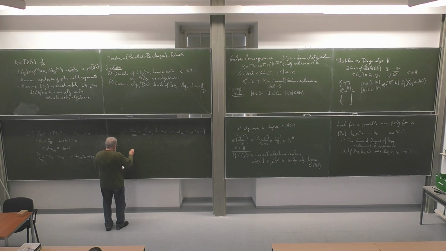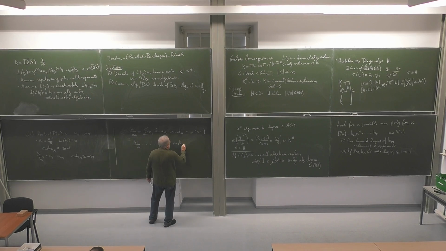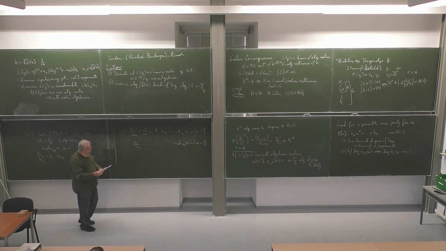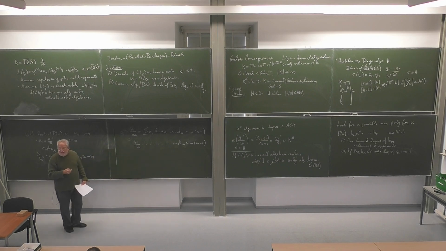And I can go all the way down to Bm minus 1: Bi over Bm, the order at infinity is bigger than or equal to minus n minus i. Okay. So that's one way of looking at the order at infinity.